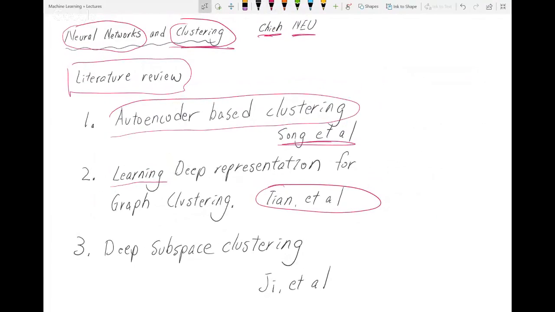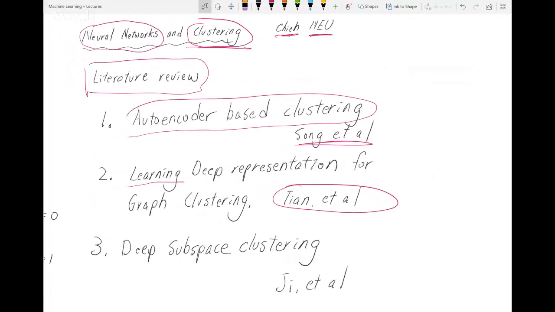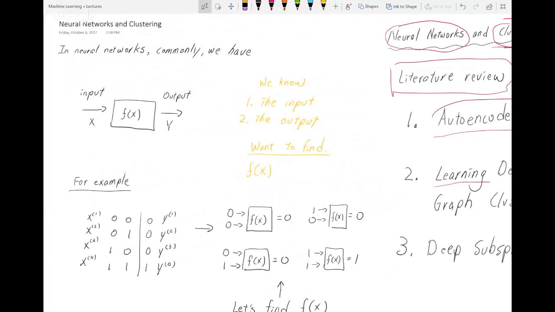I don't think I'm going to follow the paper exactly. I want to do it so that you guys get the point of what they're trying to do. It's not going to be exactly the same as the paper, but you guys will get the point. In any case, let's start.